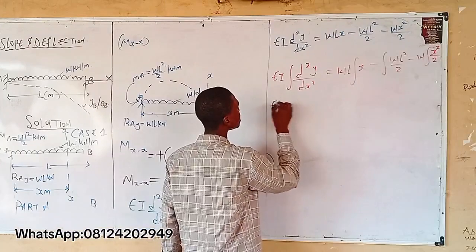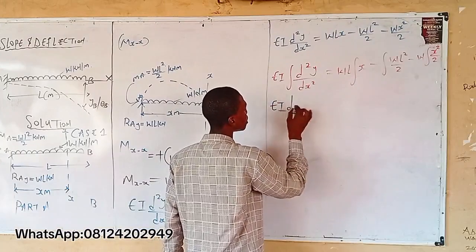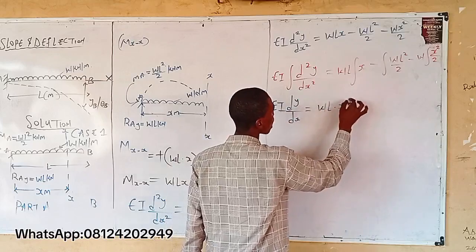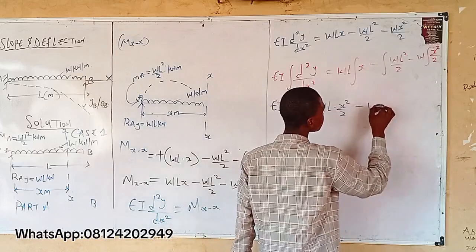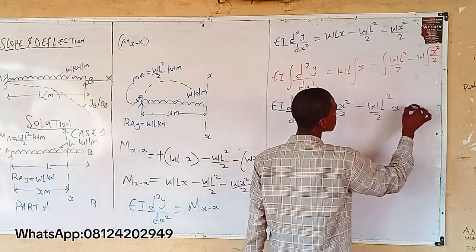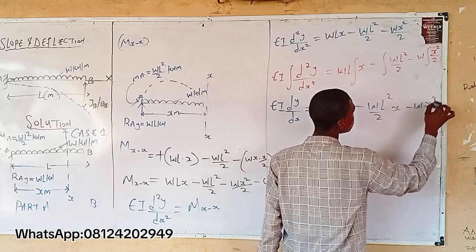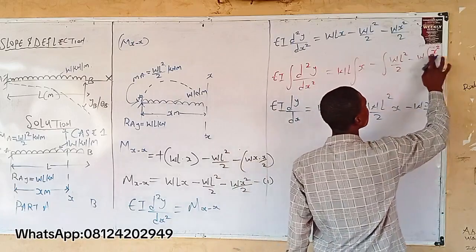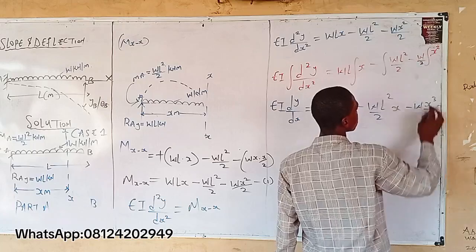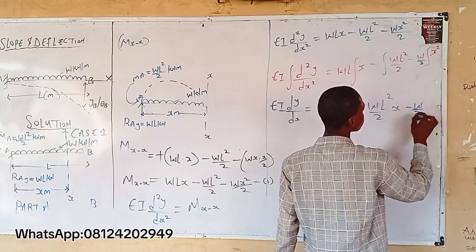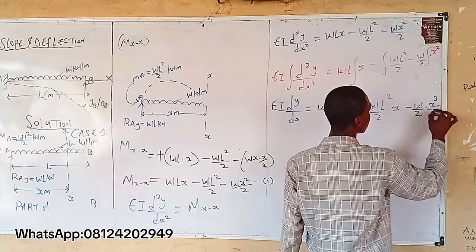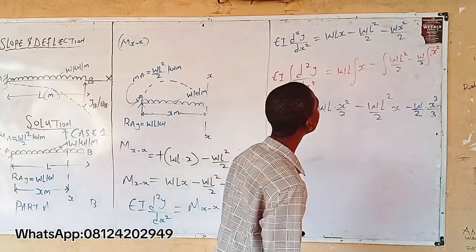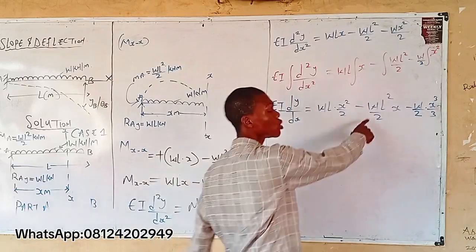Integrating this, we have EI dy over dx equals WL times x squared over 2, negative WL squared over 2 x, negative W x cubed over 6. Is that correct?